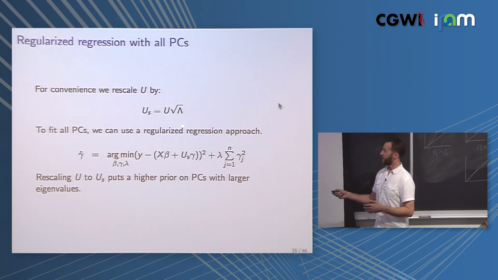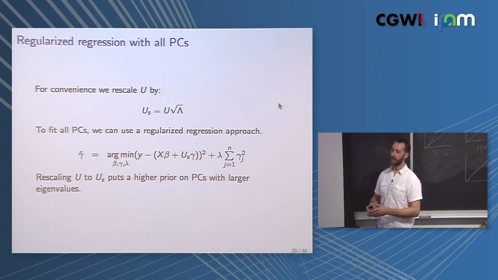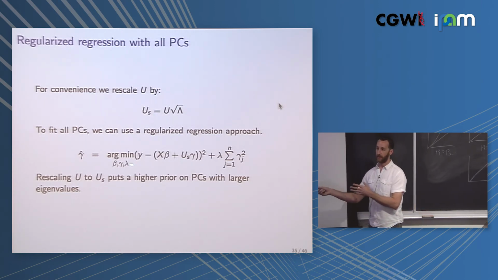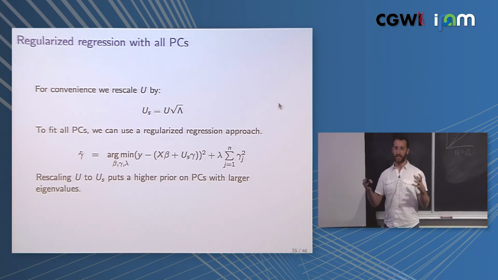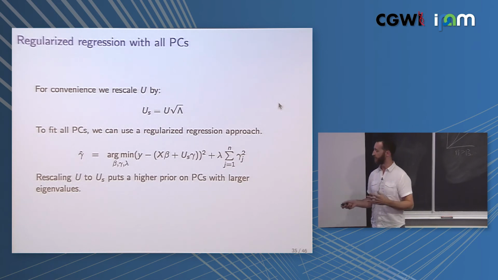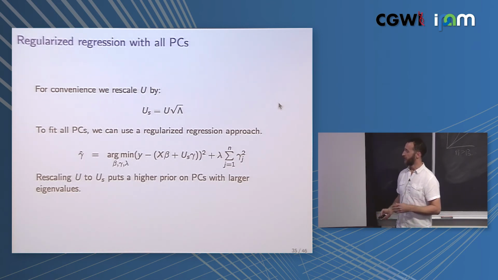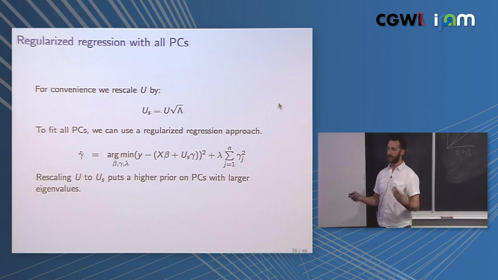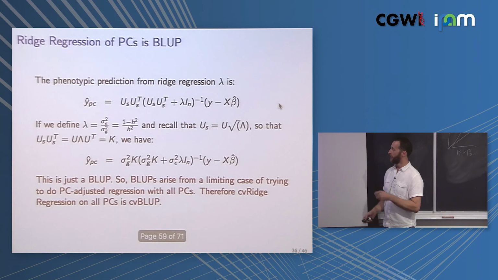So if you write that down, here's a transformation of our PCs by lambda, so that in our penalization we're upweighting the PCs that correspond to the larger eigenvalues. So we can now consider this way to estimate the amount of weight we want to put on each PC.